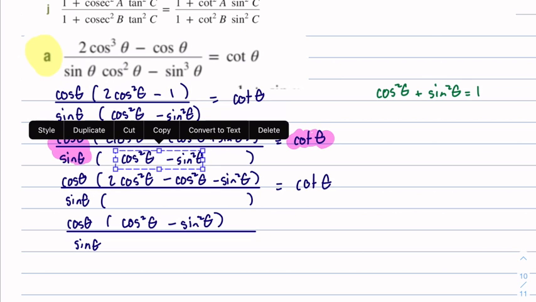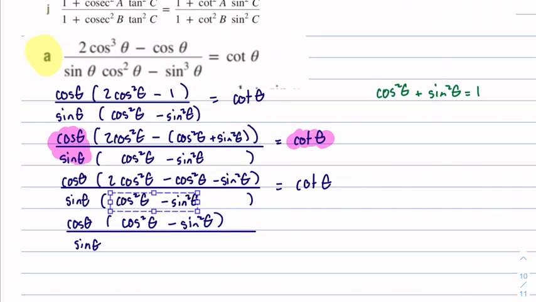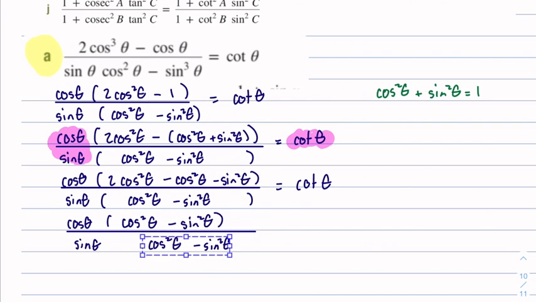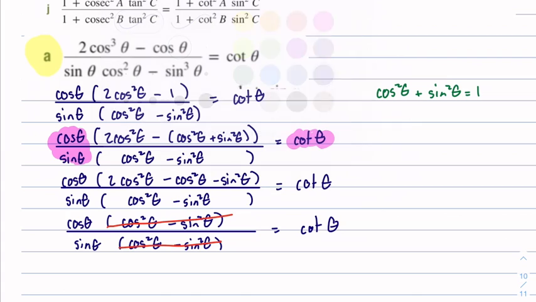I don't know why the basic things are difficult. Okay, this is looking promising, because they now cancel out. So we get cos theta over sine theta equals cot theta.